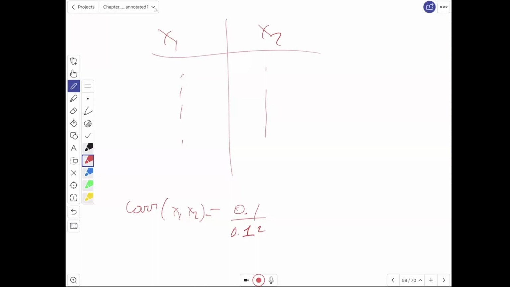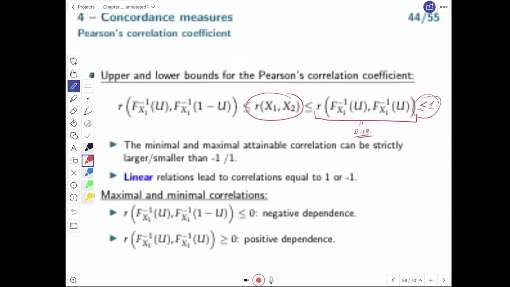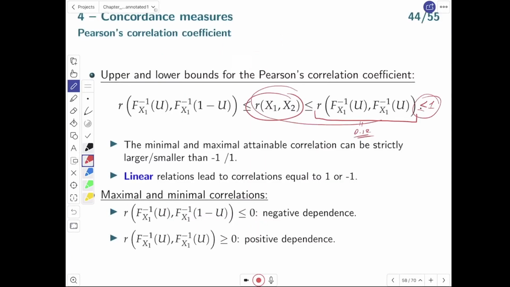It changes if I only change the marginals, not the dependence. We don't like that. And it can happen that the correlation is small, but actually the correlation is very close to the comonotonic correlation. This gap here is small, but they are both taking very small values.